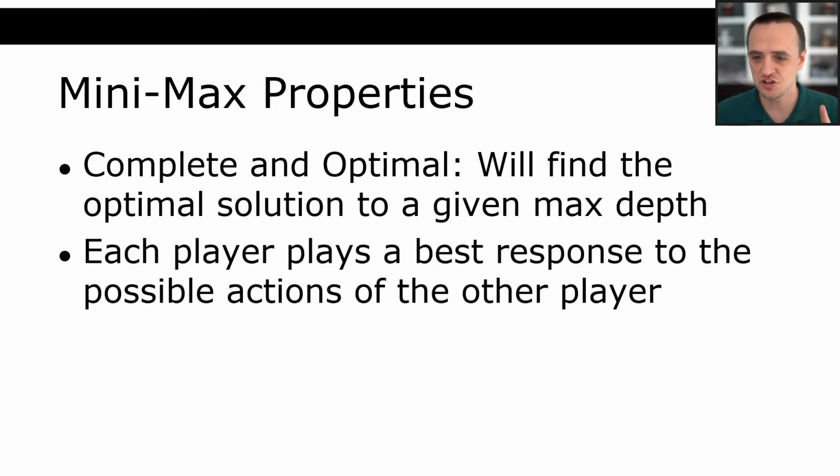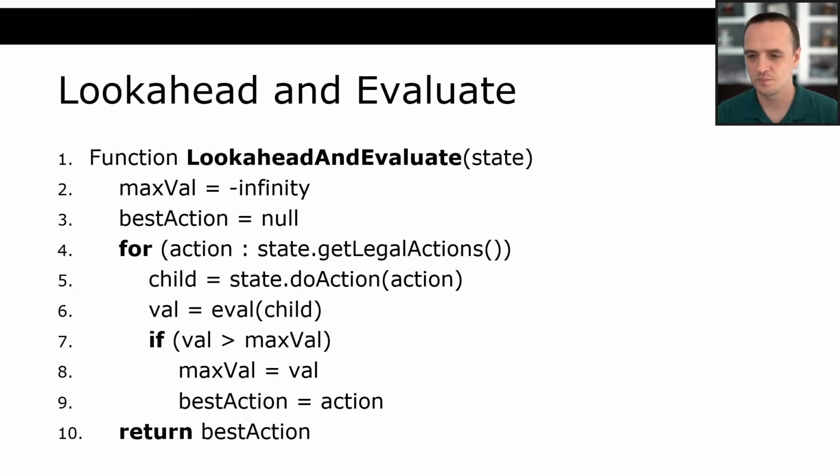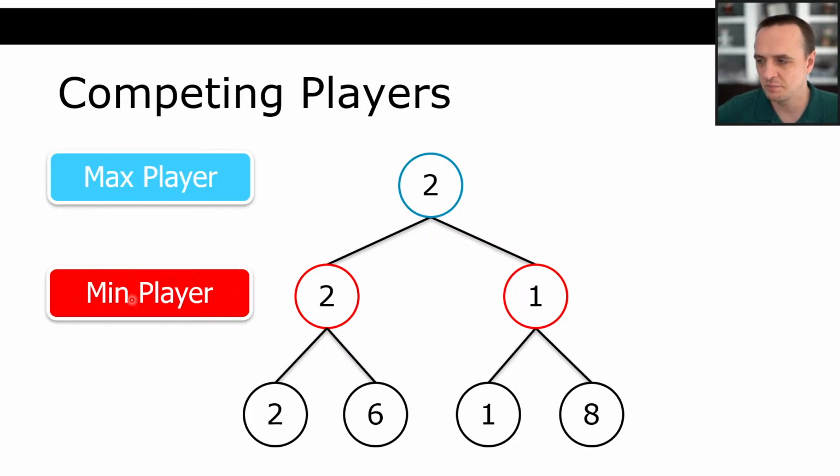And each player plays a best response to the possible actions of the other player. Look at this. Isn't this really cool? So the minimizing player is choosing the best thing for them. And then once it chooses all of its options, the maximizing player is choosing the best thing of all of these. So at each depth, it's a series of best responses.